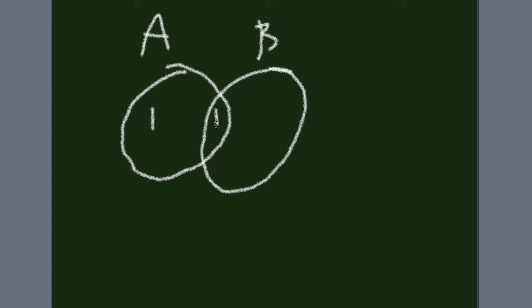So when you count the probability of A, you put a tally mark in every single area that's in circle A. For B we do the same thing, we put a tally mark in every single area of B. So when we're adding, we make sure that we don't add duplicates. When we have two tally marks here, that means that we have counted this area twice.